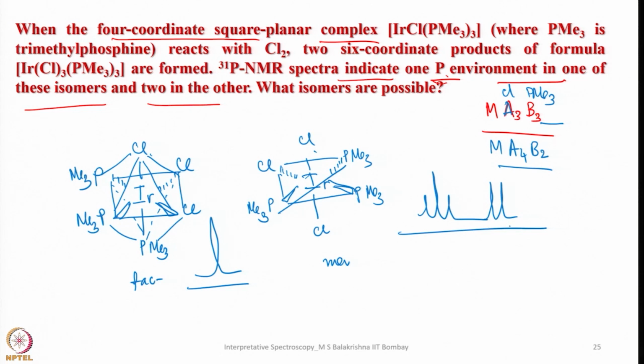Two will be in the case of meridional, one doublet and a triplet. So this is how we can identify them simply by looking into the number of signals that are present. Of course, when we look into signals, we know that one has to be a doublet and one has to be a triplet. And then the doublet intensity should correspond to 2 and the triplet should correspond to 1.